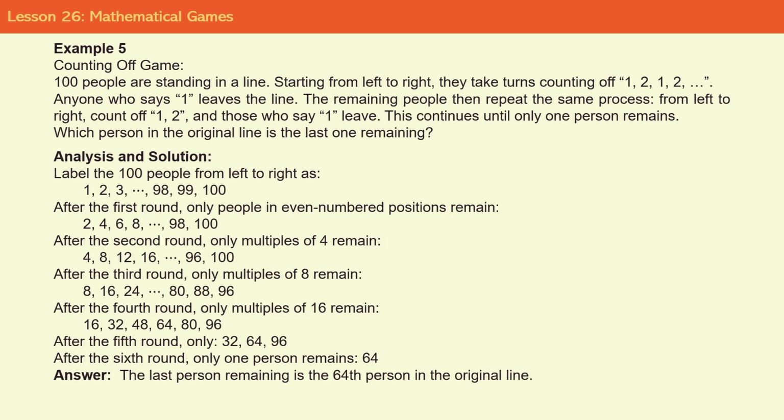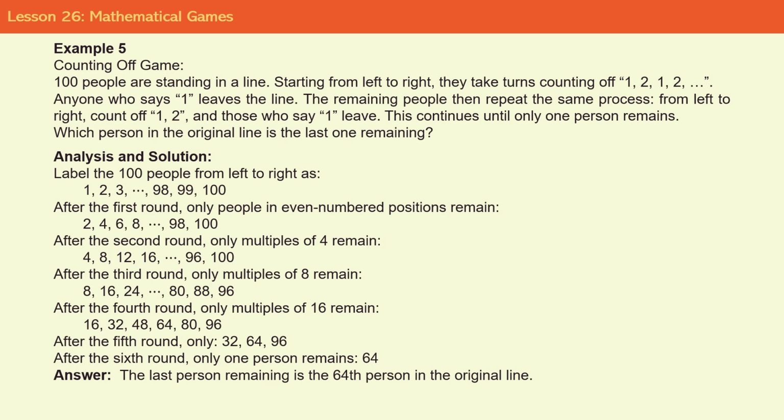Label the 100 people from left to right as 1, 2, 3, all the way to 98, 99, 100. After the first round, only people in even-numbered positions remain. After the second round, only multiples of 4 remain. After the third round, only multiples of 8 remain.